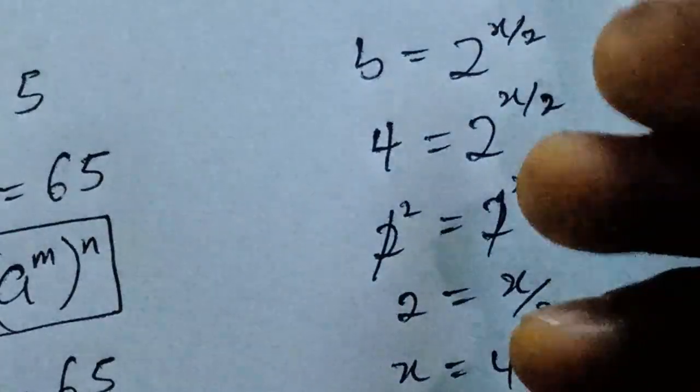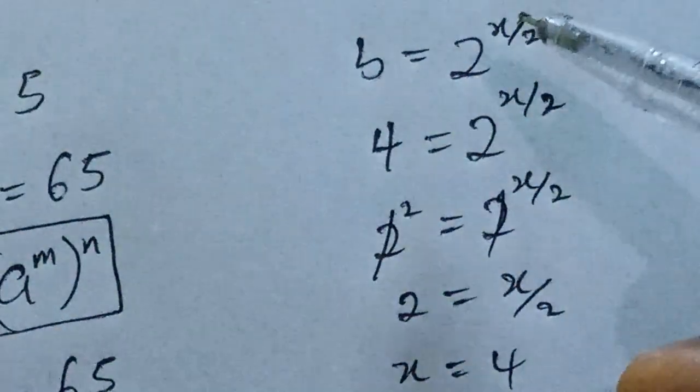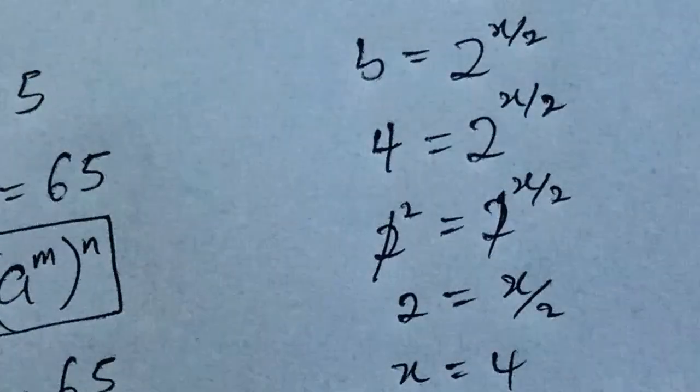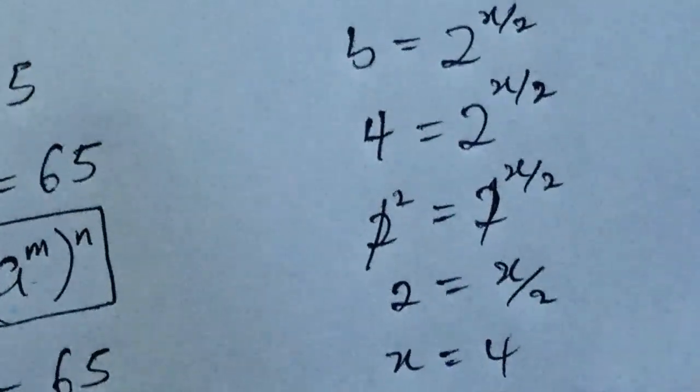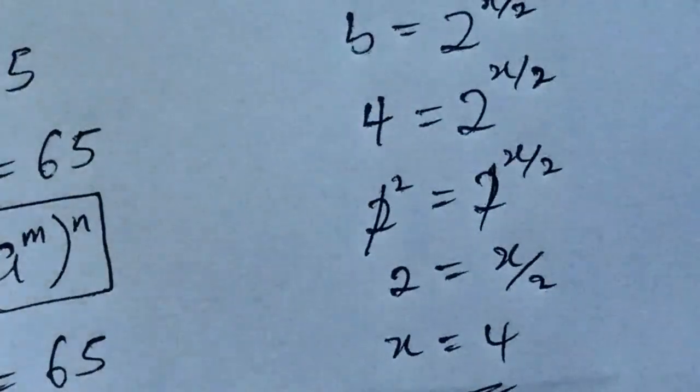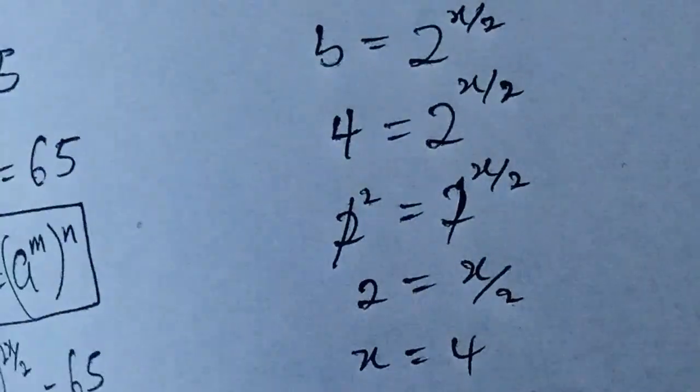So substituting the value of a and b, our x equal to 4. So we are not done yet. We can confirm this by verifying.